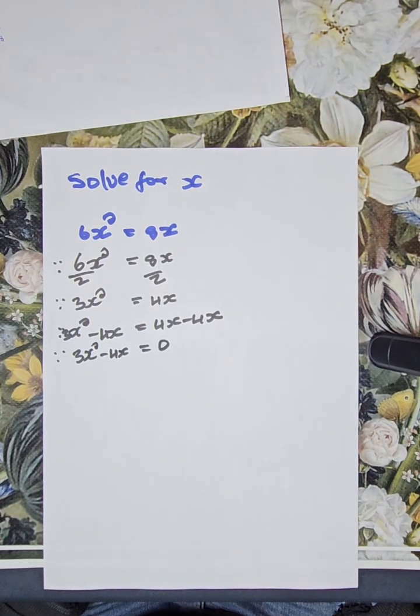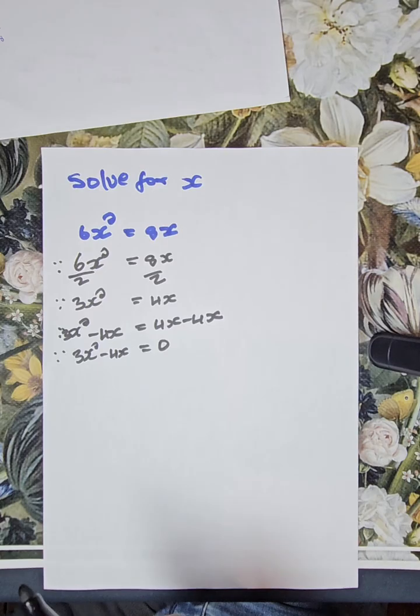Now we have our equation rewritten in standard form. The next step is to factorize. And remember, the first thing you need to check when factorizing is whether you can take out any common factor on the left hand side.